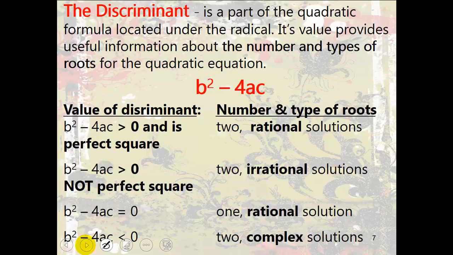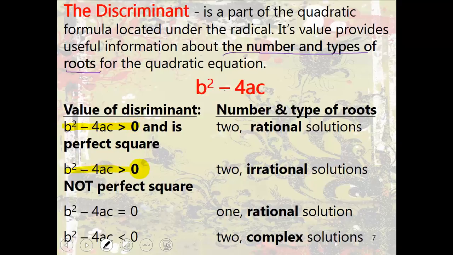It's the piece underneath the radical, but notice that when we calculate this number, we're not taking the square root of it. We're just finding its full value, all right? That one value, called the discriminant, will tell us the number and the types of roots that we're going to get for our particular equation.